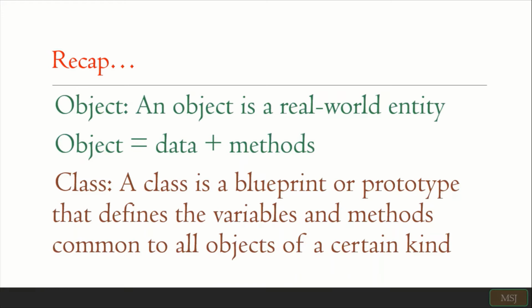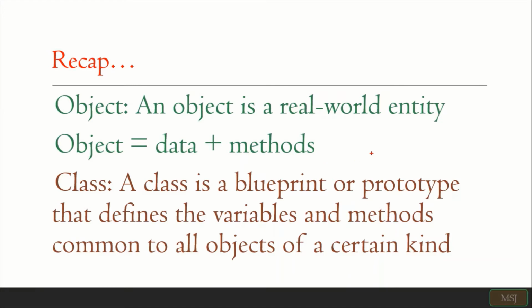Then in that table example, we saw that the table has certain attributes. So every object has certain attributes, and we can do some operations on the table. Here, object is equal to data plus methods. I already told you that the word data can also be represented as attributes, right? Then methods means operations.